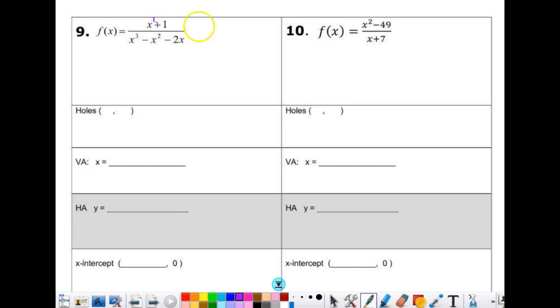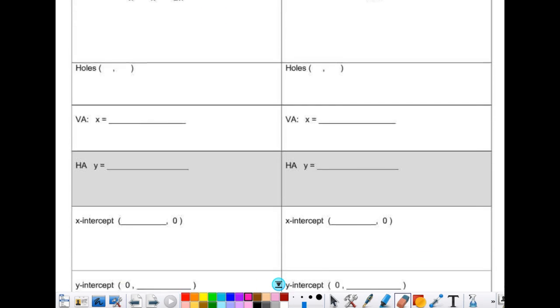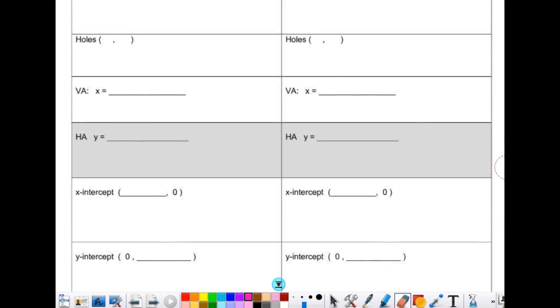Okay, when the numerator degree is smaller than the denominator degree, then what is the horizontal asymptote? You have it written in your notes, okay? What is it? Y equals 0, okay?